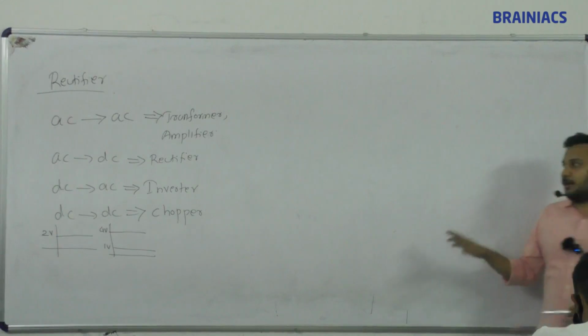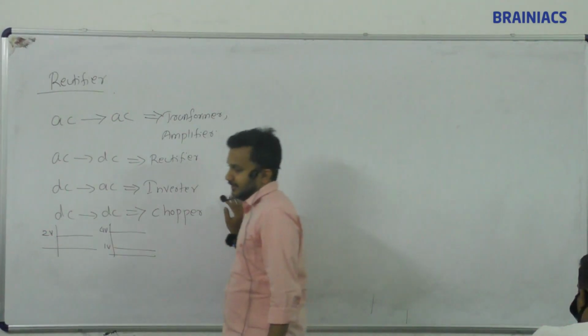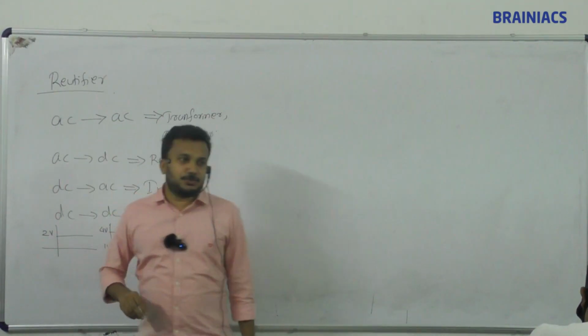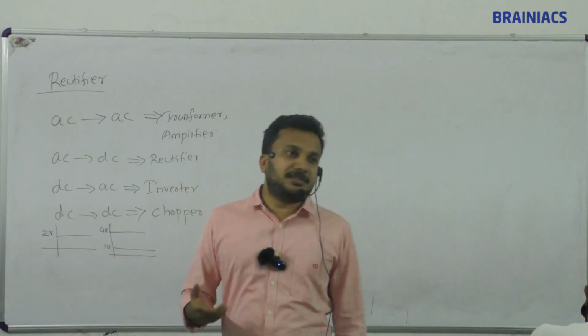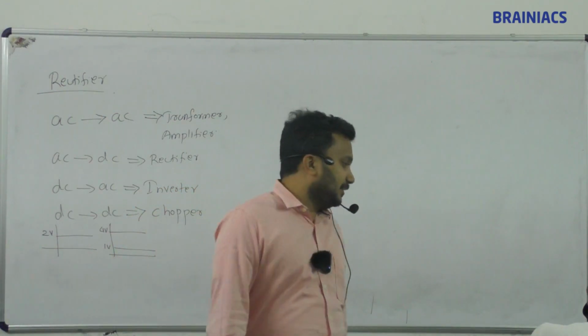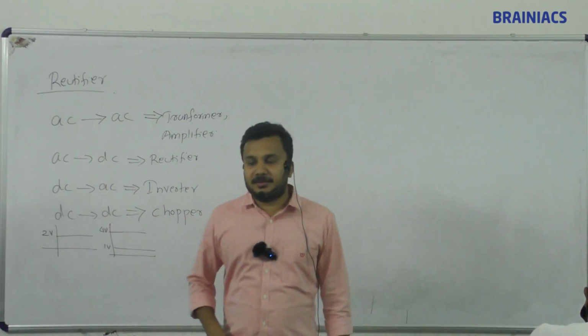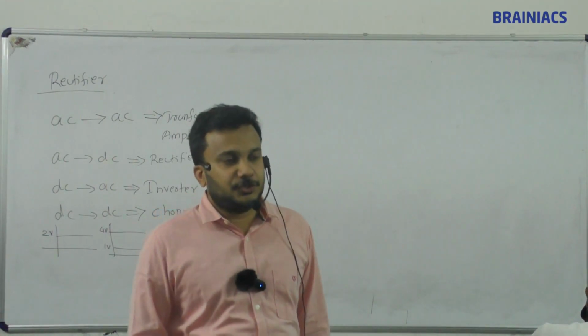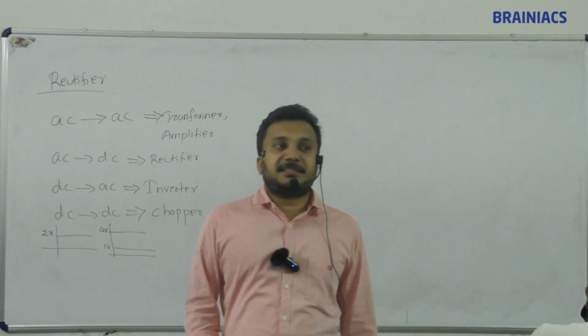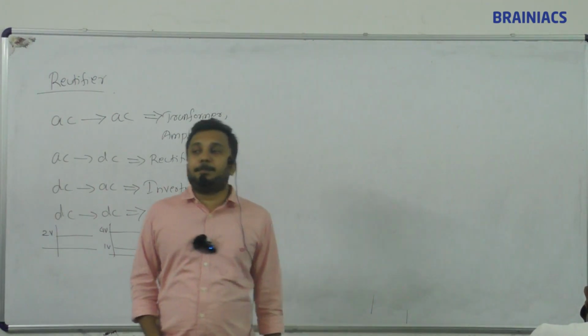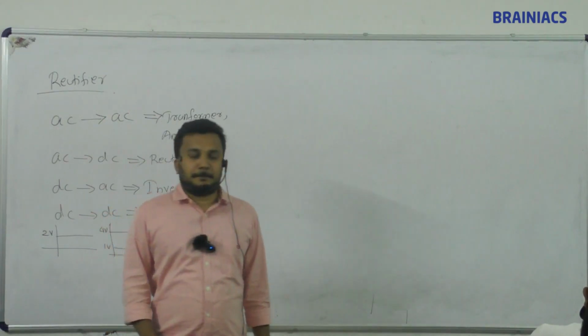Okay, so our context of discussion is what? Rectifiers. A rectifier is a device which is used to convert an AC signal into a DC signal. Just write one sentence: a rectifier is a device which is used to convert AC signal into rippled DC signal.